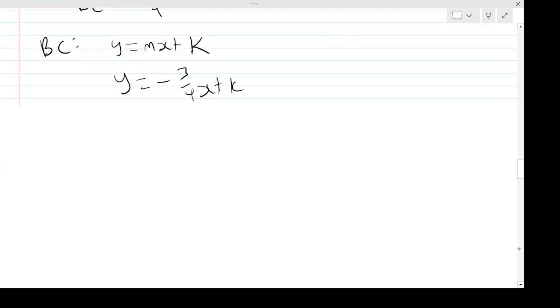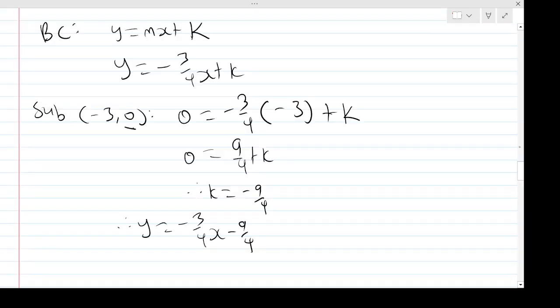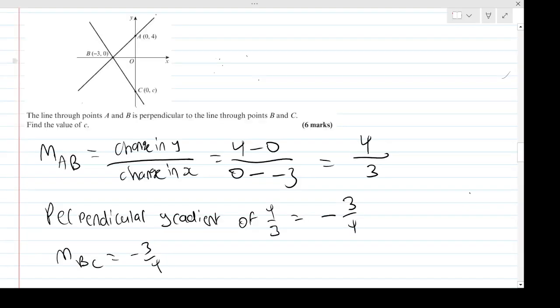So therefore I can quickly read off that y at c is equal to minus 9 over 4 as well. Okay. Alternatively, if you didn't realise it was the y-intercept, or maybe you're not really thinking about it, you're in machine mode in an exam situation, you could just substitute the point in and then find it that way.